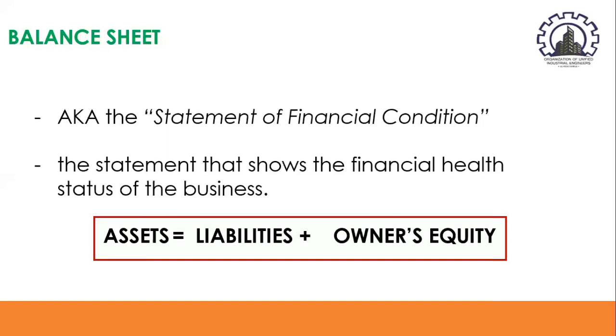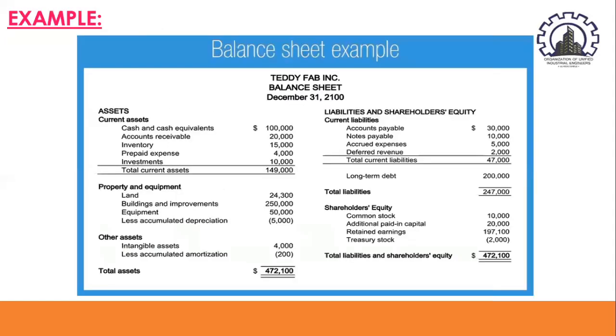So this is an example of a balance sheet. So same with the previous statements, in generating a balance sheet, we should write down the name of the company first. So in this case, our company's name is Teddy Fab Incorporated, followed by the name of the statement. So in this case, we have balance sheet. And finally, we have the period or duration, December 31st, 2100.